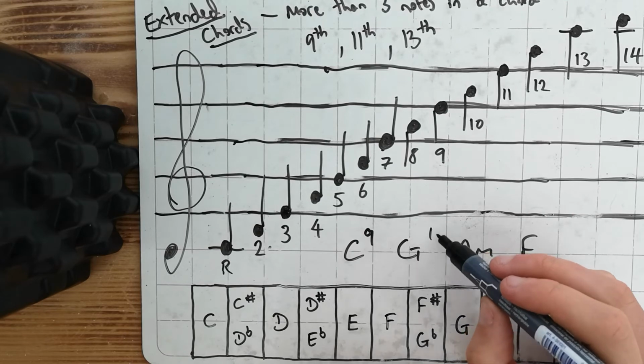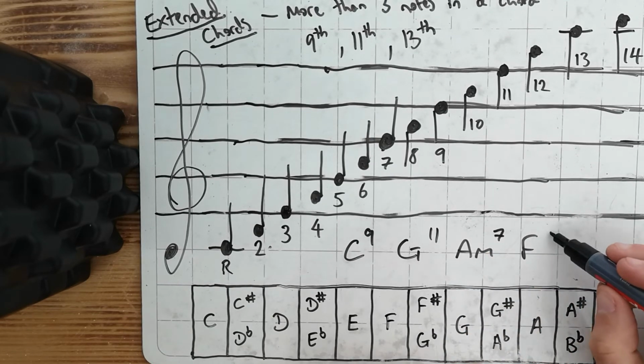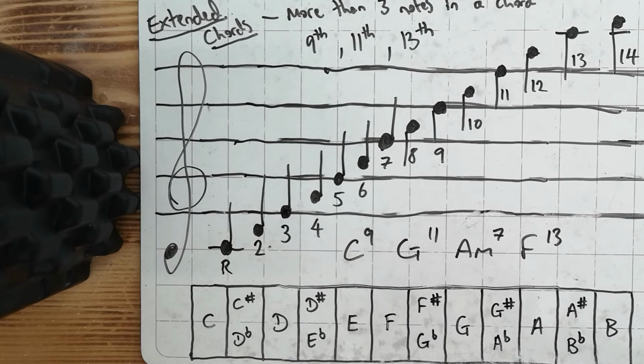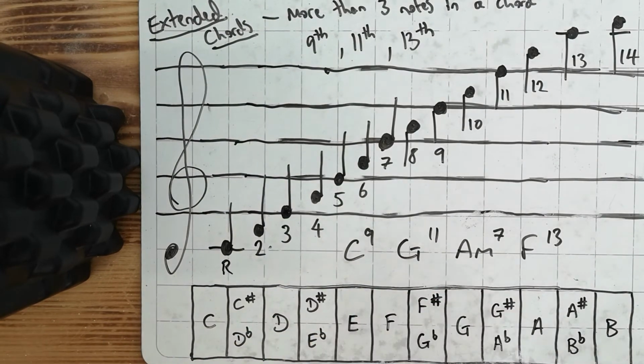I can have a G11, I can have an A minor 7th, and I can have an F13. It might not sound great because I've just picked those at random, okay, but you'd have to experiment with the chords and see do they sound good. And that would show me and the examiner that you're doing much more than just a simple 4-chord trick of C, G, A minor, and F, but you're thinking about extended chords.